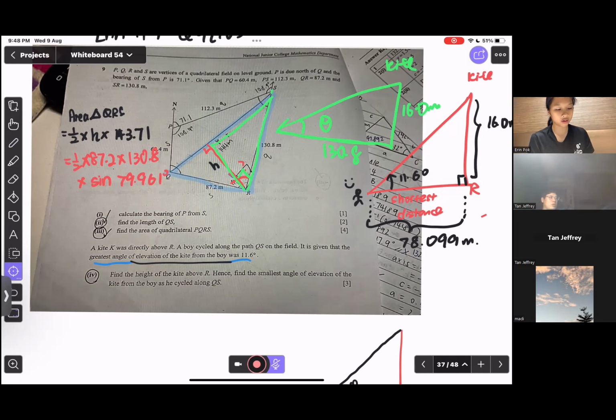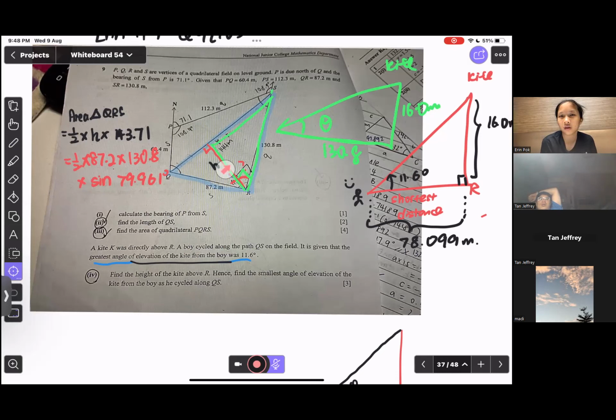Okay, but you're supposed to get 16. And then I used my answer for part 3 and got it. You use your answer for part 3, you got the answer. I don't know, I mean, yeah.